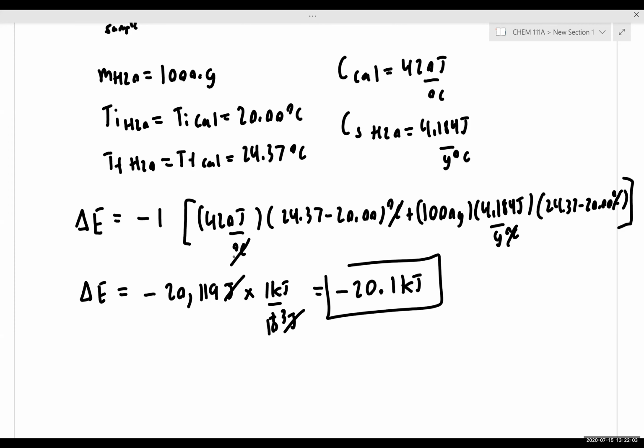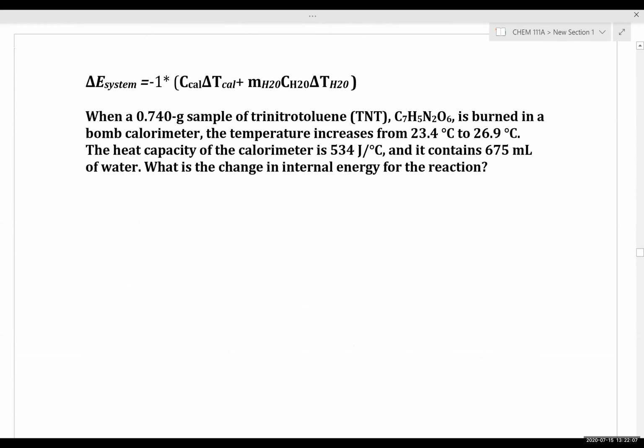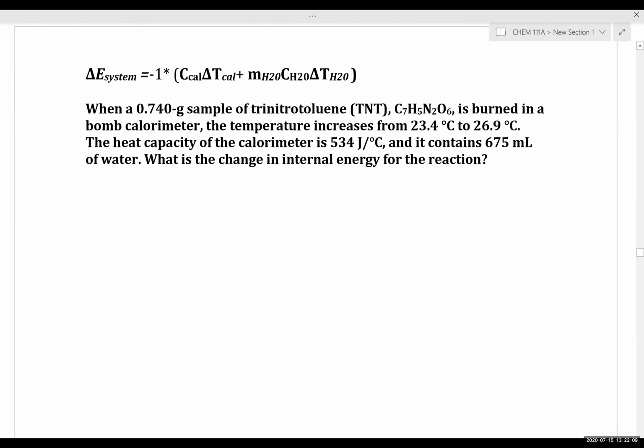Perfect. So let's try to apply what we've learned so far to the following example, where we look at the combustion of trinitrotoluene, or TNT. Let's work on this problem for about 5 to 6 minutes, and then we'll come together as a group to discuss.